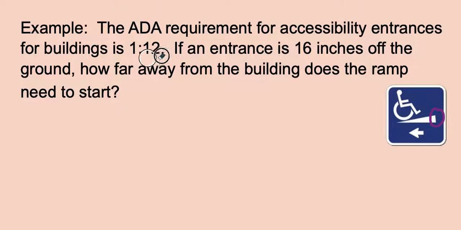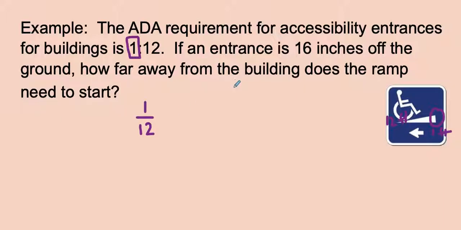Let me edit that. If that ramp is, say, 1 foot off the ground, right here, so this is 1 foot high, it needs to start 12 feet away from the building. So that's what that ratio means. So 1 foot high means you have to start 12 feet away from the building. Okay, so we have 1 per 12.